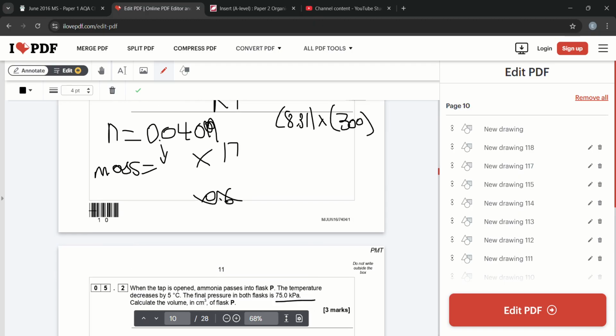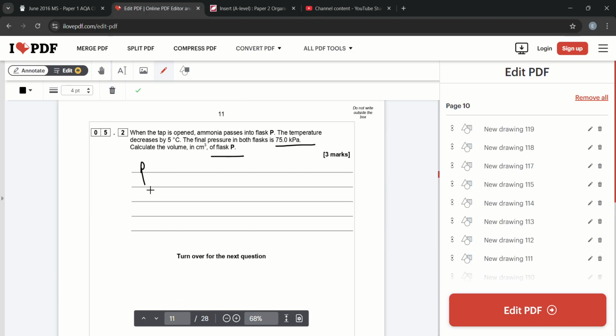Okay, so we know PV equals nRT, the ideal gas equation.